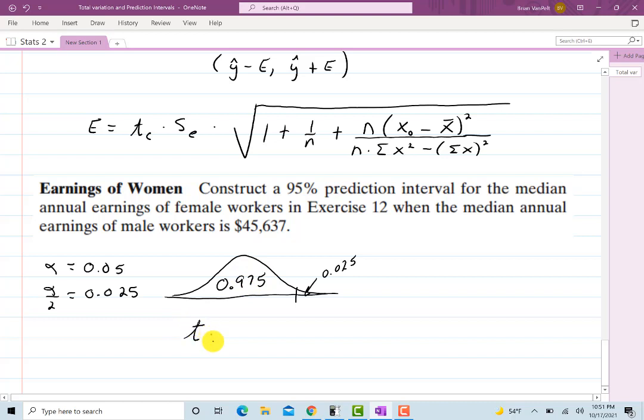And so t sub c, I'm interested in that t value. That's this guy right here. And so you've done this 100 times. We can use our calculator, you can use your tables, I really don't care. But you have to specify the degrees of freedom, and you have to specify this or this piece, depending on if you use the table or your calculator. I am going to do it with my calculator.